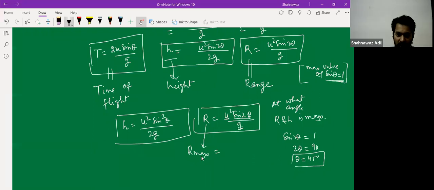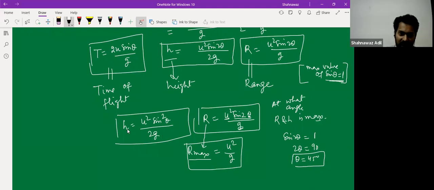So if you throw the projectile at an angle of 45 degrees, you will achieve the maximum horizontal range. Okay, understood? So R max will be what? U square by G. Okay. Understood? Yes, sir.